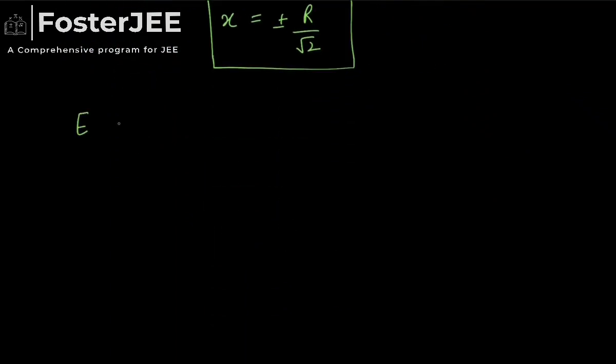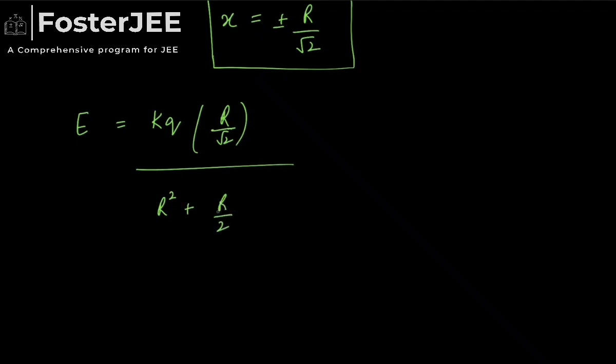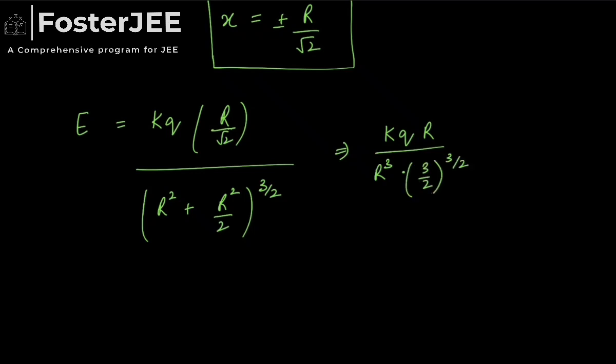On substituting, E equals kq x, where the value of x is r upon root 2, upon r square plus x square, that is r square upon 2, whole power 3 upon 2. This becomes kq r upon r cube into 3 by 2 power 3 by 2 and also a root 2 here.